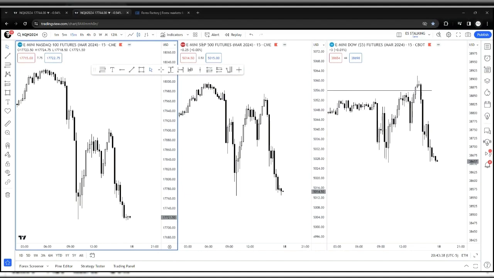And you layer that with SMT, conducting your analysis using the cycle's true open and the higher time frame true open.